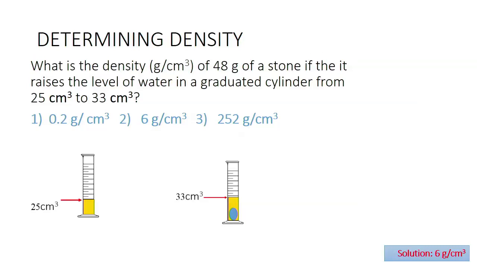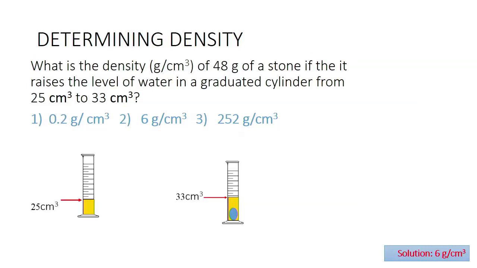Now this is our question. This is what we need to do. What is density? The formula for density is equal to the mass divided by the volume. The mass we are given.